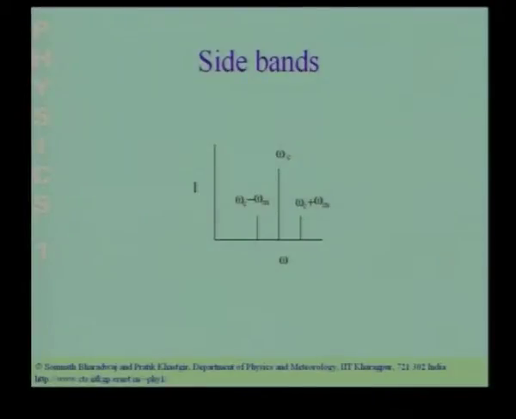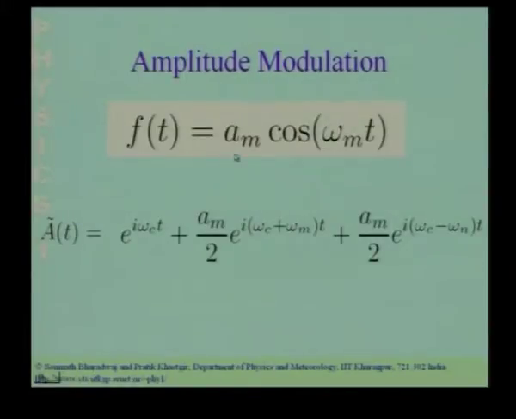These two new frequencies that we introduce are called sidebands. So, there are two sidebands which have been produced, one at the sum of the carrier and the modulation frequency, one at the difference of the carrier and the modulation frequency. Now, here we have considered a specific kind of modulation which is at a single frequency.